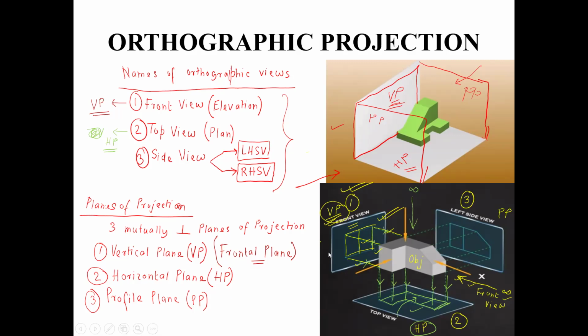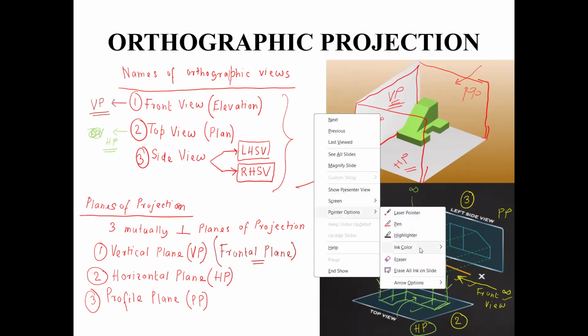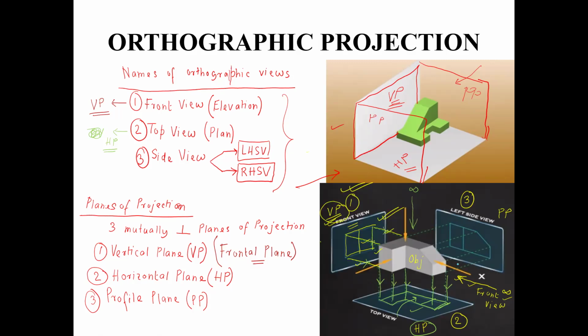For the left hand side view, let me use a different color. Let me use this color. Now suppose that you are looking at the object from the left hand side. I was searching for my pointer.